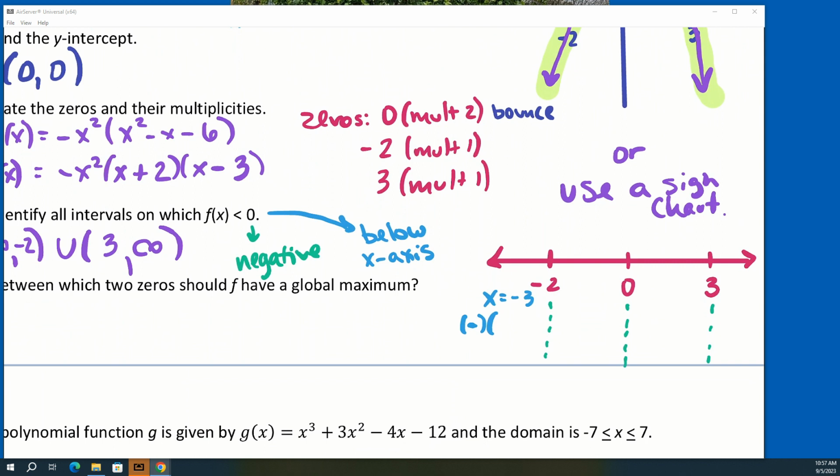All right, if I put negative 3 here, am I going to get a positive or a negative? Negative. And then what about here? Negative. All right, so a negative times a negative times a negative. Is that going to give me a positive or a negative? Negative. All right, so we have to do that for every region.